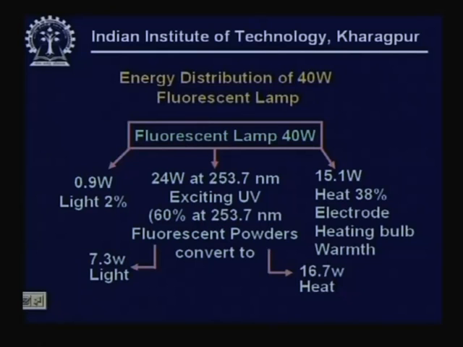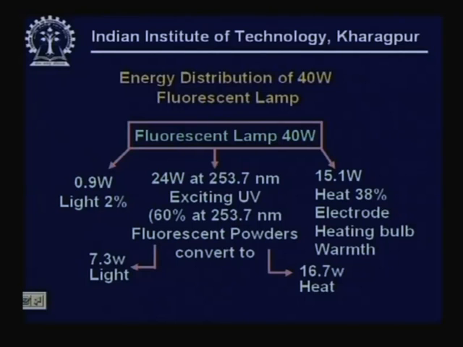We have had a good look at the various fluorescent powders, where the two issues which come up, one is the range over which the fluorescent powder absorbs the radiation energy, and the zone over which it re-radiates. Both had their own peaks. So, we have about 7.3 watts.